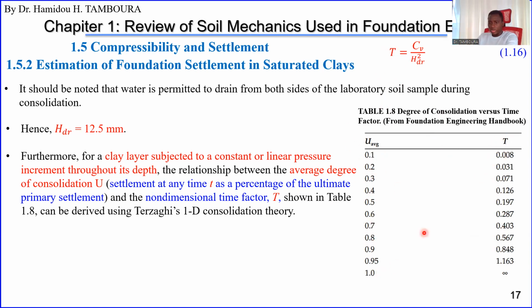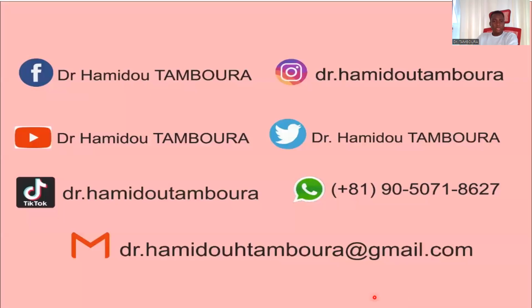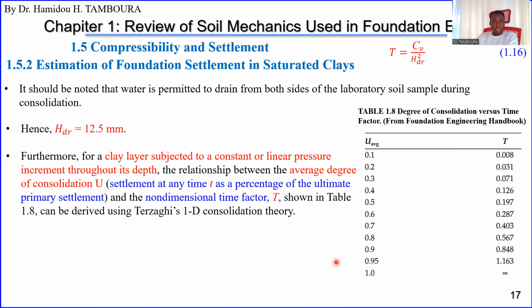And this table shows the percentage instead of the average degree. For example, here it means 50%, because this settlement consolidation takes time. Of course, at infinite time, it will be 100%.